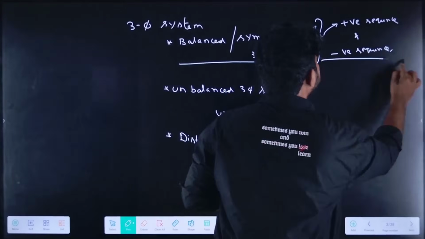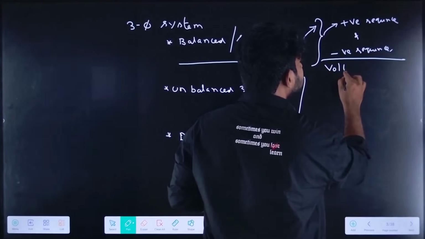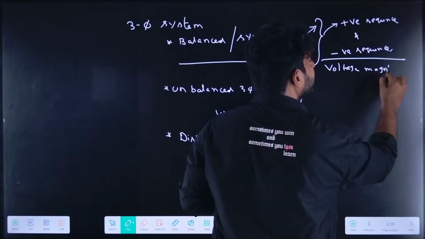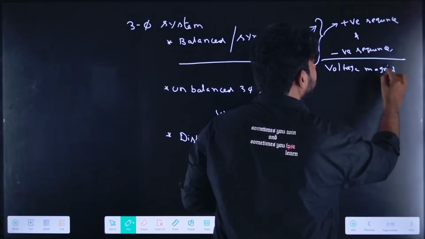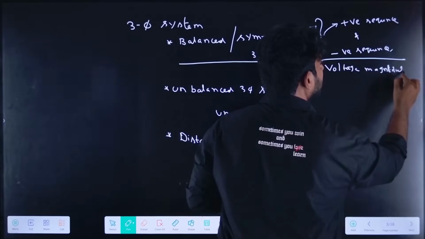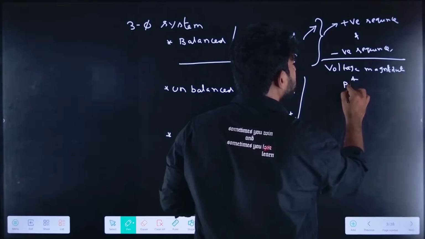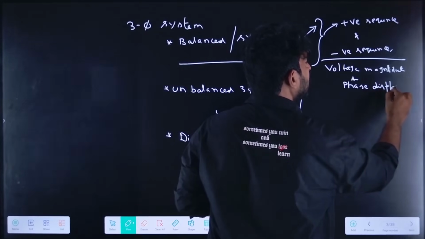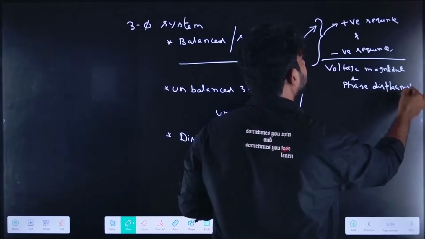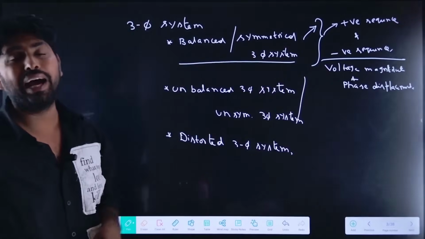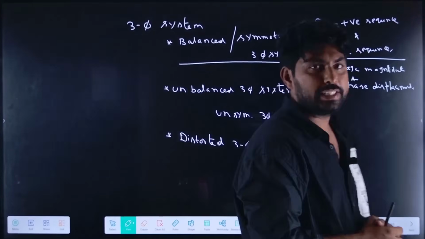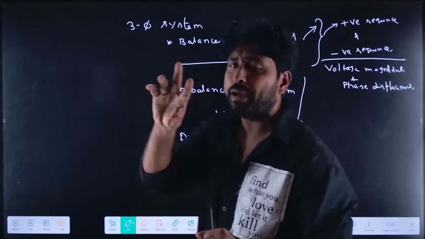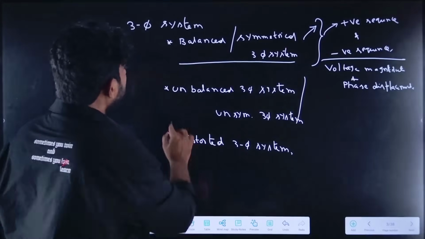If the voltage magnitudes and phase displacement are not affected, we can call this a balanced circuit or symmetrical three-phase system. So for either positive or negative sequence, the voltage magnitude and phase displacement should be the same.